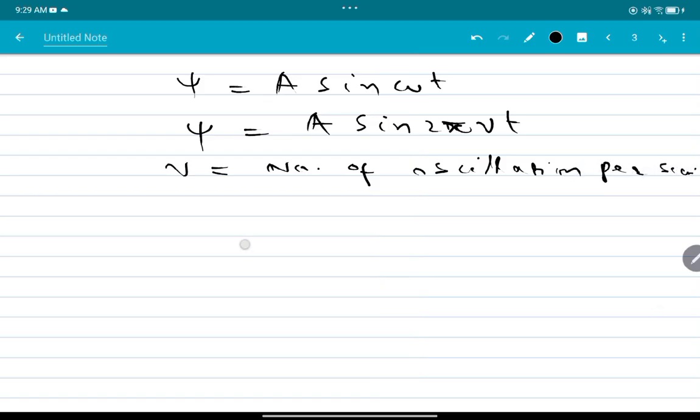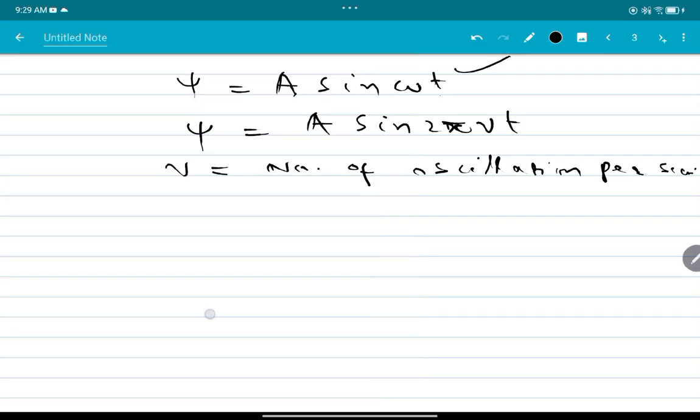This was about the temporal variation in the wave. Temporal means with time. This is the temporal aspect, that displacement varies sinusoidally with time.